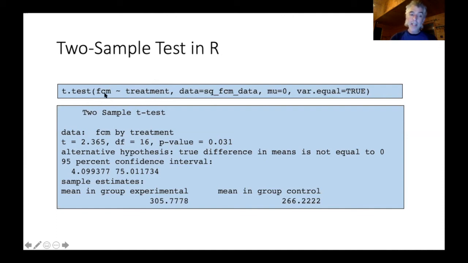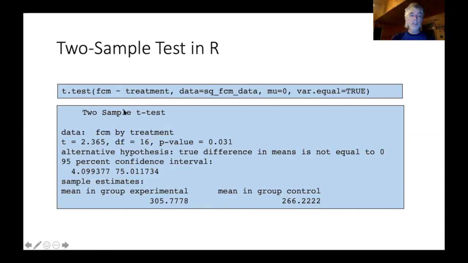Now this, I think, is the first time we've encountered this notation with this squiggly line called a tilde. And what this means is that our fecal cortisol metabolites, or our response variable, is predicted by or modeled by our explanatory variable, which in this case is which treatment group our observations belonged to.